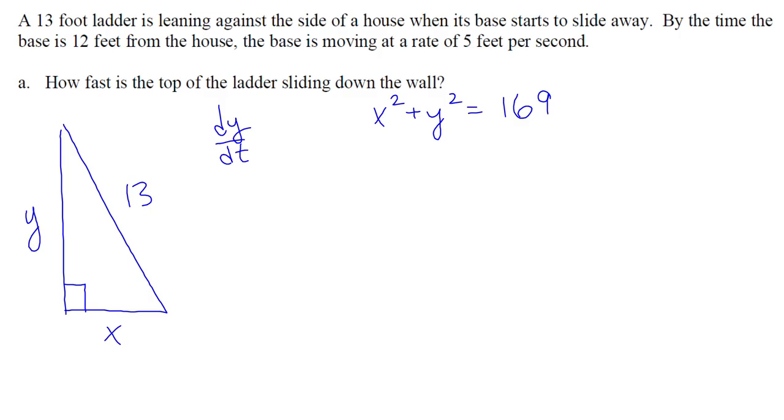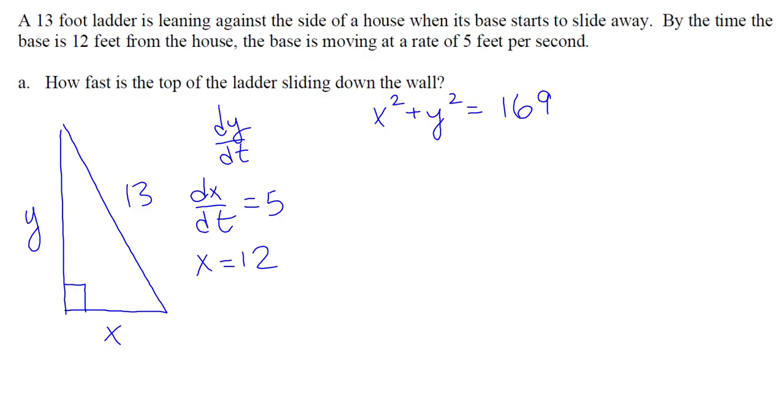And the base, we know, is moving at a rate of dx/dt, which is 5 feet per second. And that x distance is increasing, so it's a positive 5. And our dy/dt should end up being negative in the end because the distance of y is decreasing. And the base, when we're interested, is 12 feet away from the house.